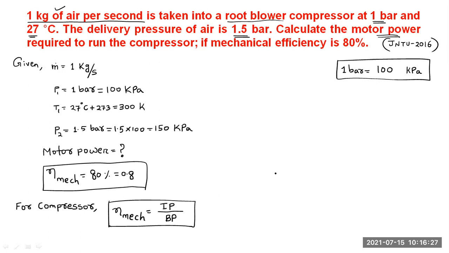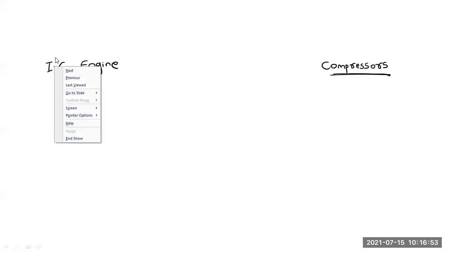Okay, so we have two things. We have an engine and we have a compressor. We have IC engines and we have compressors. In T1, we have these two topics. In unit 3, we are studying engines, whether IC engine or gas turbine engines.